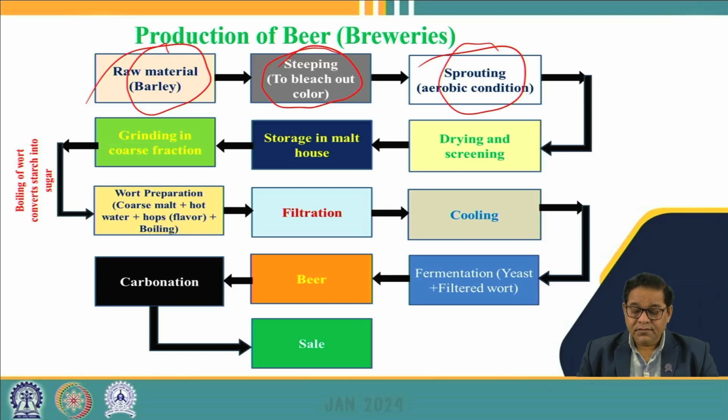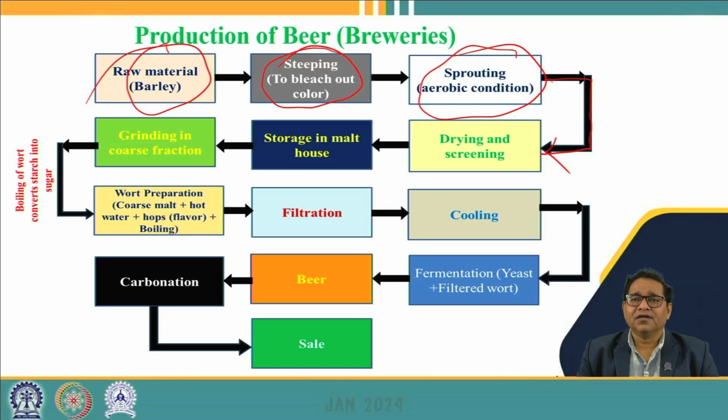After steeping is done, the next unit operation is the production of sprouts. They are sprouted under aerobic conditions, kept at moisture and a set temperature, so that the sprouts grow on the grains. These sprouts then have to be dried in the next operation.